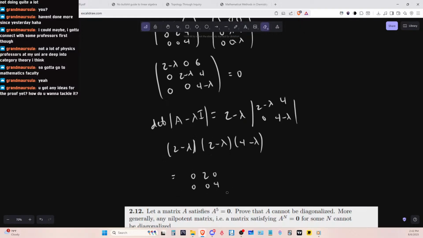So this one is not diagonalizable. Yeah, I thought this one was kind of funny. Unless... no, I think if it has doubles like this, it can't be diagonal.